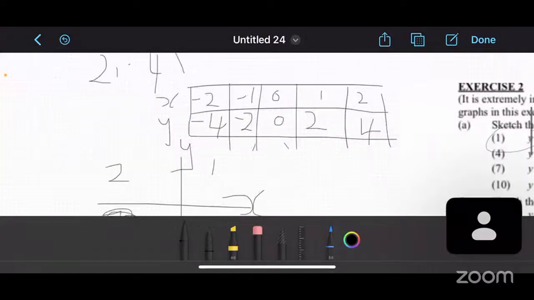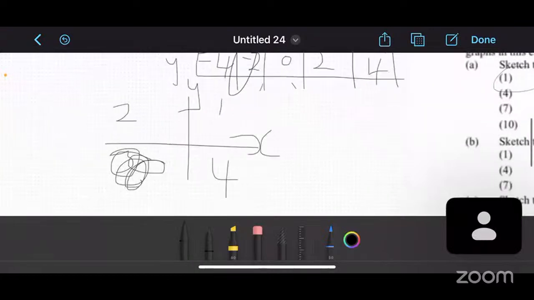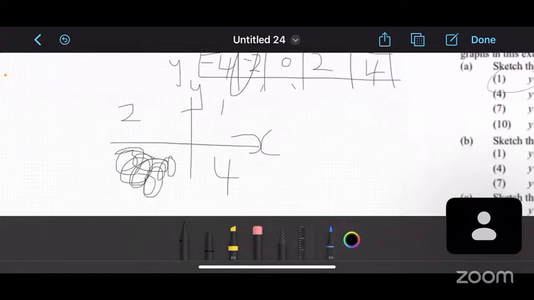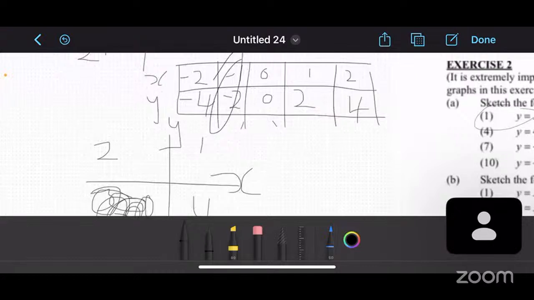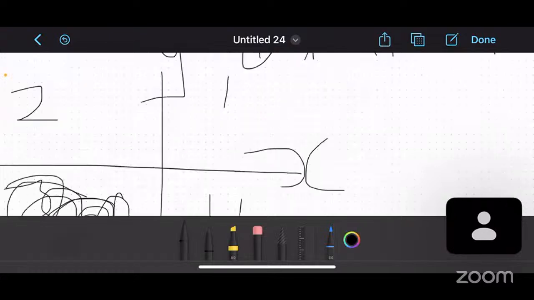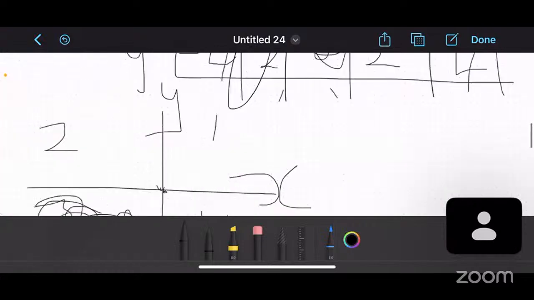And then the second coordinate right here is also going to be in the third quadrant, because your x values and your y values are negative. And then 0 and 0 is going to be at the point of origin, which is here, where x and y intersect, right?